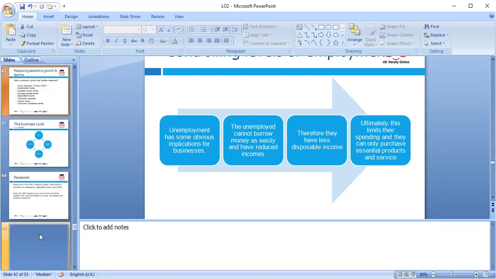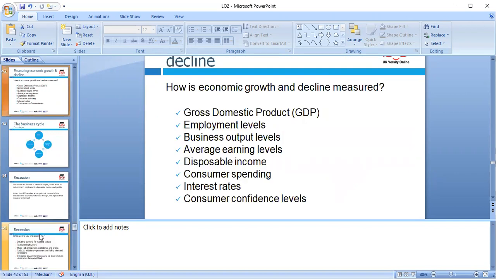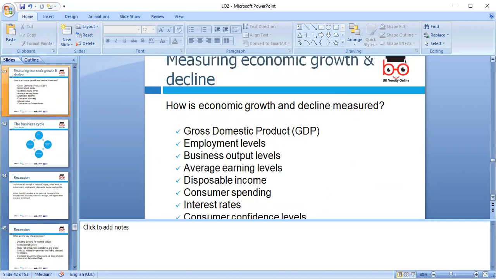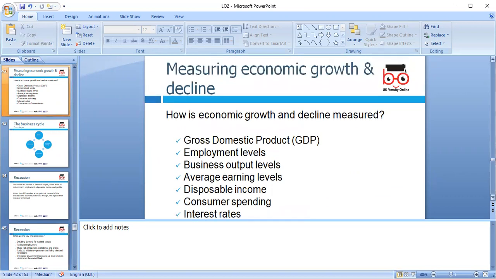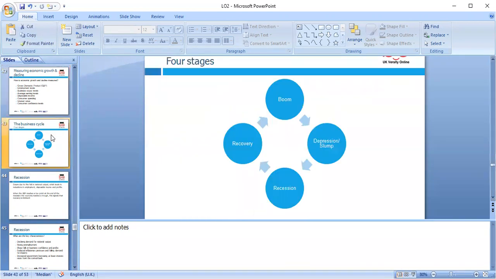Then we can look at the decline that is happening in economic growth: GDP, industry, national income, employment levels, business output levels, average earnings, disposable income, consumer spending, interest rate. All of that needs to be well managed.